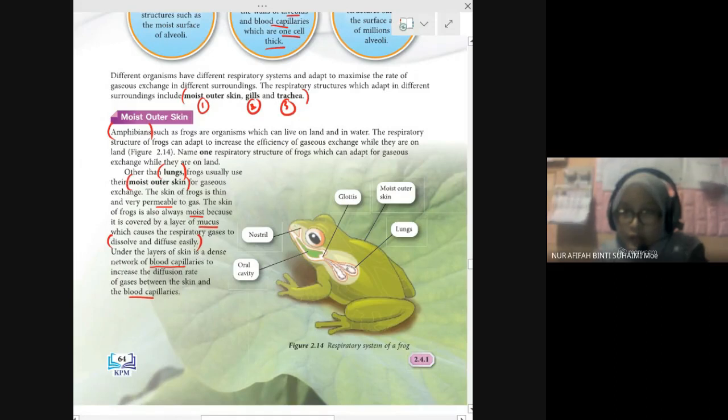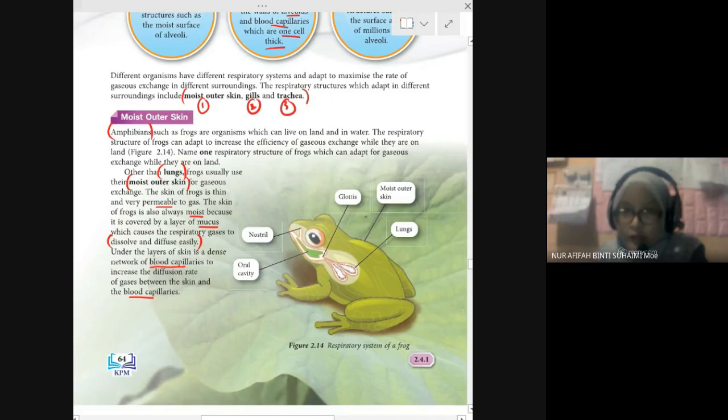This one, the respiratory system of a frog, shows the lungs like a human, because it shows the nostril, oral cavity, glottis, to separate between the stomach and lungs, same as human, looks like human also.